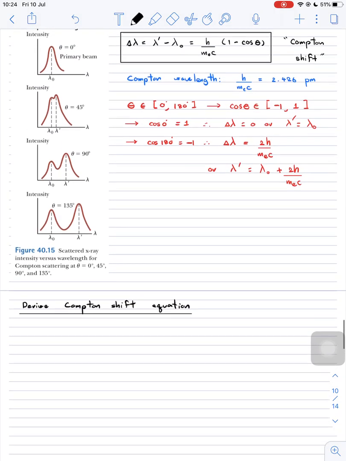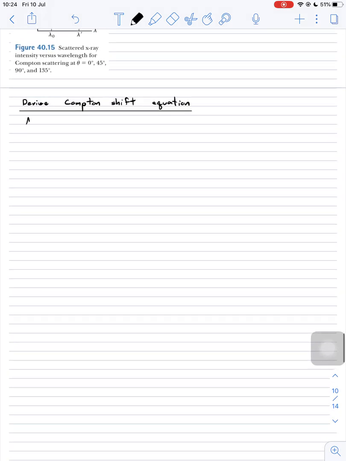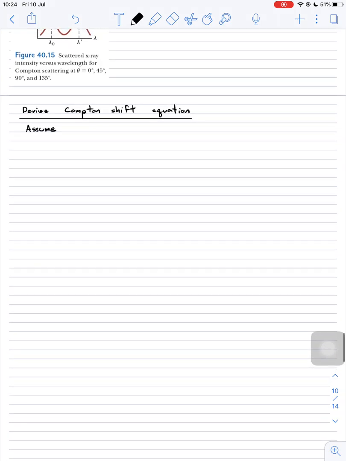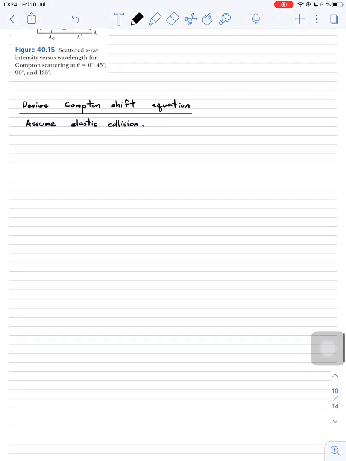Again, let's assume that this collision is the elastic collision. Then we need to have the conservation of energy and the conservation of momentum.